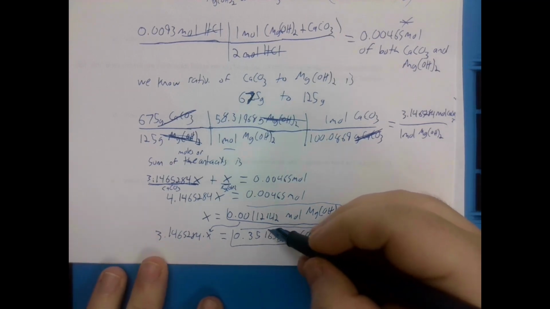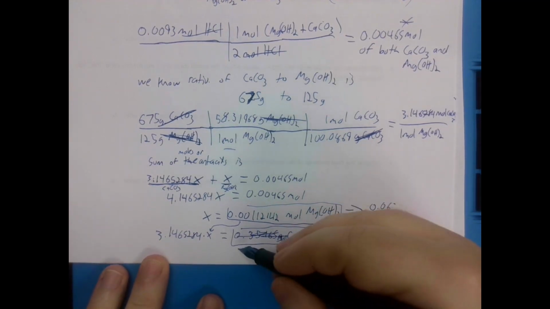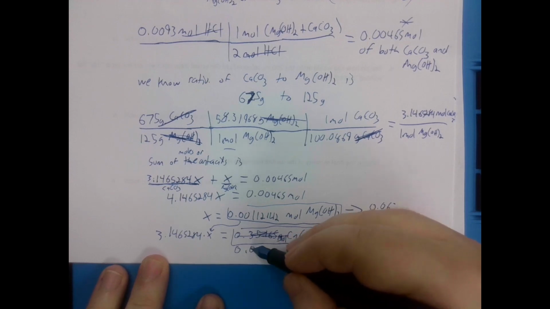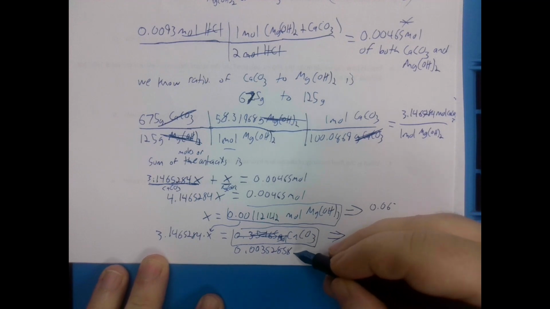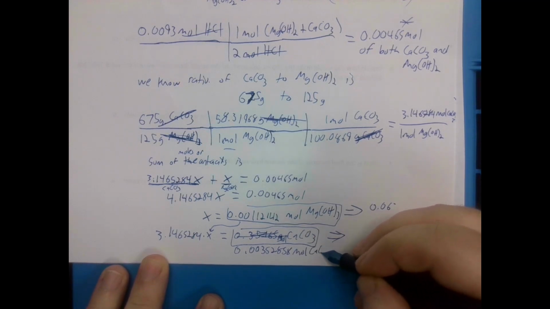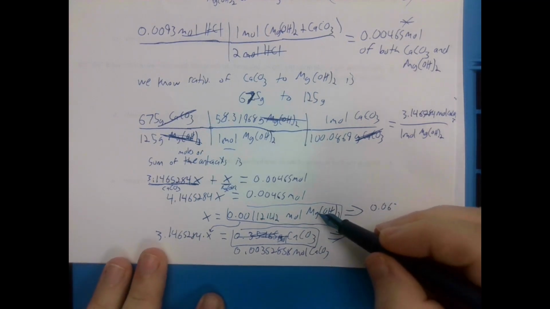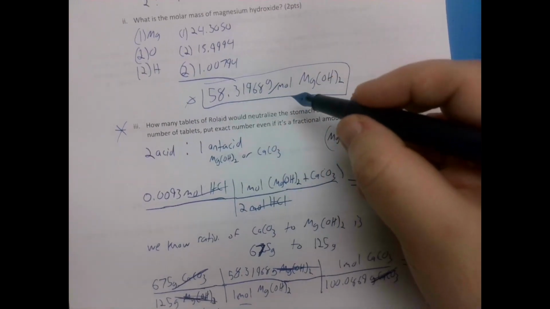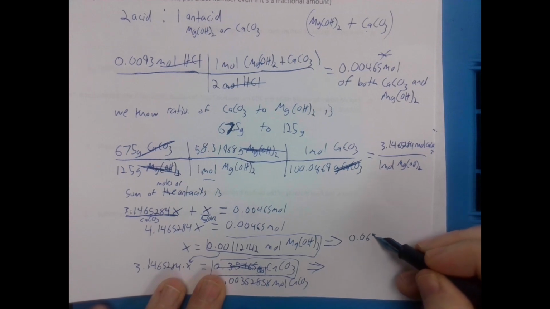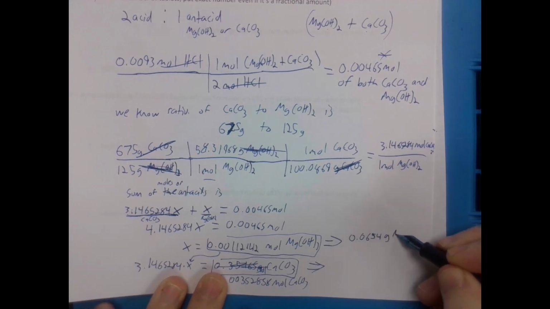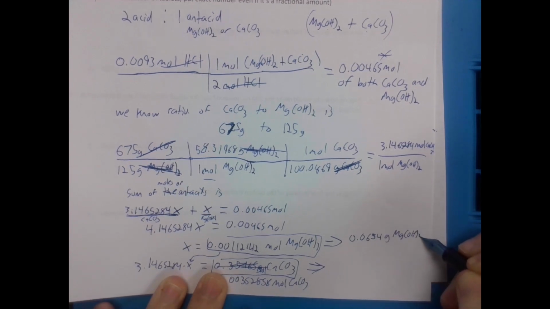And I just realized, sorry, I'm getting off. Multiplying the moles of magnesium hydroxide by 58 would get me 0.0654 grams of magnesium hydroxide.